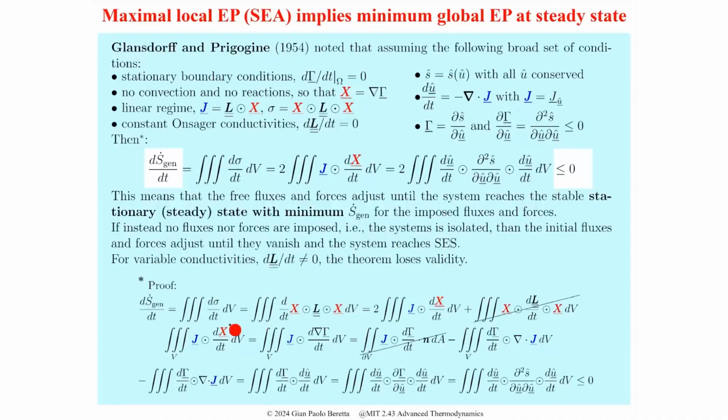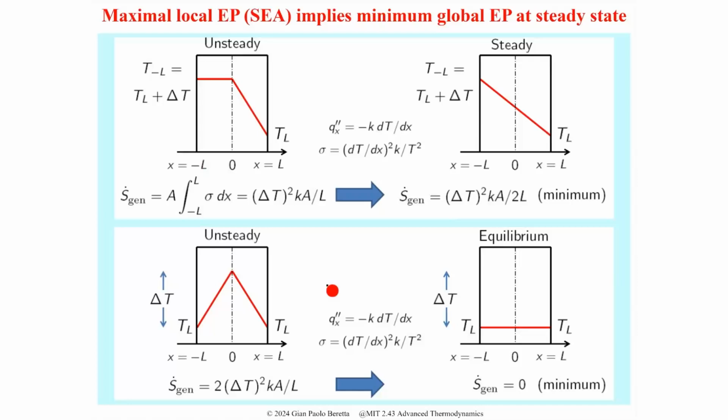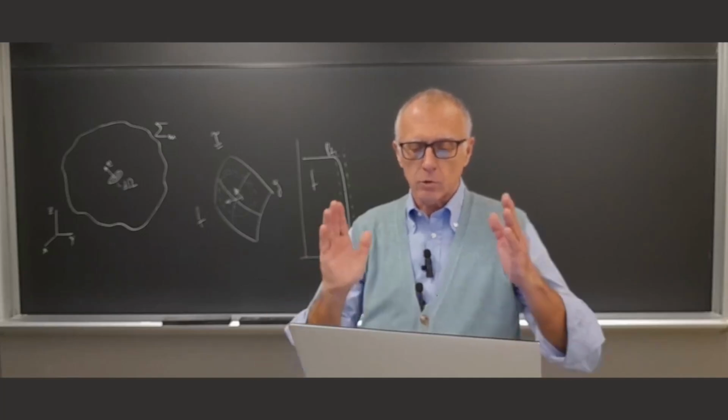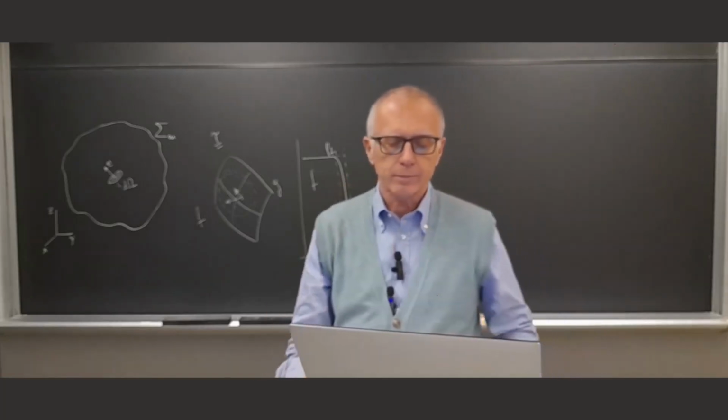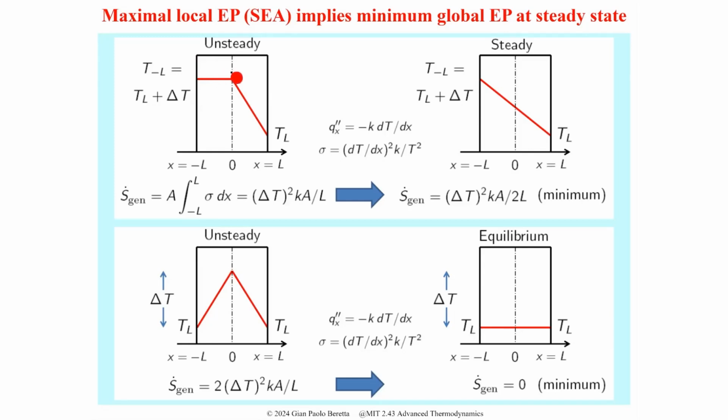Instead of doing the details here that are not really essential for us, let me give you this example. Consider a one-dimensional heat transfer problem. Suppose that at time equals zero, you have imposed this temperature profile. And your boundary conditions are that the temperature is given, fixed, so you fix the temperatures left and right. Of course, that is not a steady state. The system will evolve.